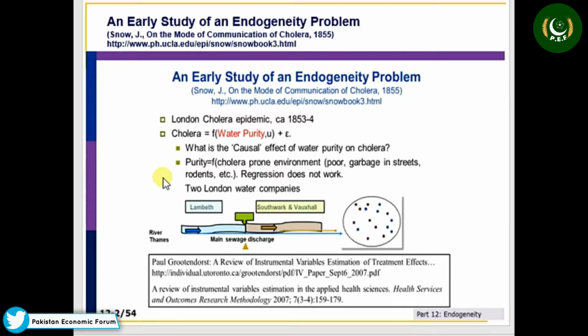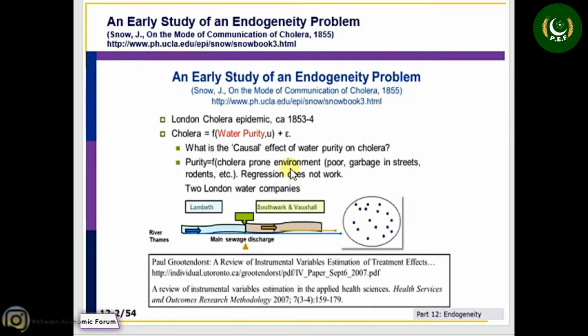Before Snow, it was assumed that it is basically miasma, human secretions, which leads to more cholera, and that it has nothing to do with water. So you see, water purity in itself is related with other factors, such as the conditions of your community and all that.